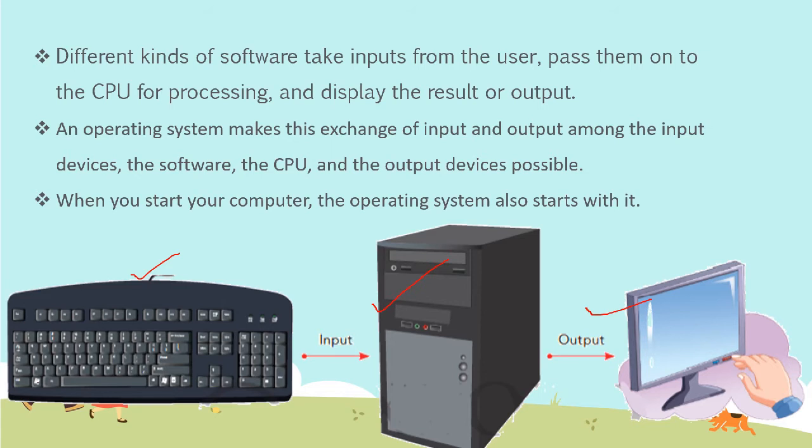Different kinds of software take inputs from the user, pass them on to the CPU for processing and display the result or output. As I told you before, it gets the input from the input devices, processes it, and finally displays the result. An operating system makes this exchange of input and output among the input devices, the software, the CPU and the output devices.